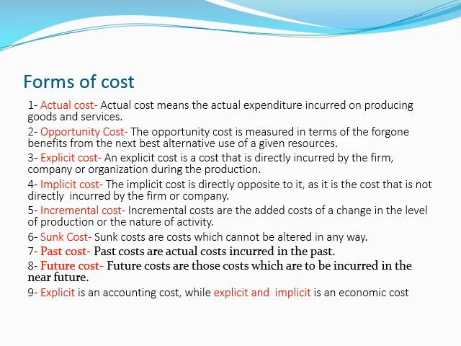So here we are facing nine forms of costs: actual cost, opportunity cost, explicit cost, implicit cost, incremental cost, sunk costs, past costs, future cost, explicit cost.